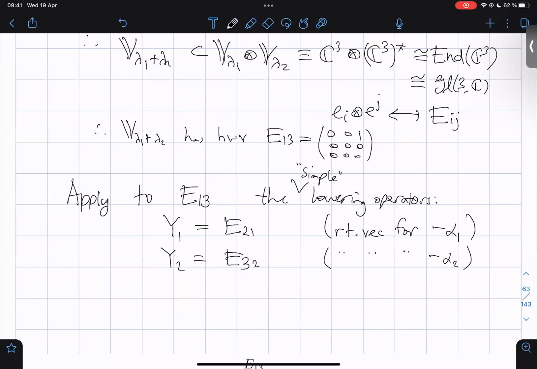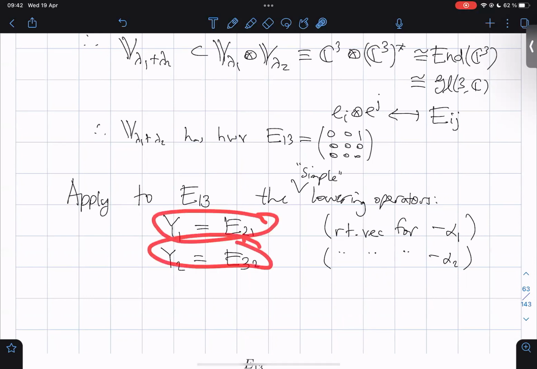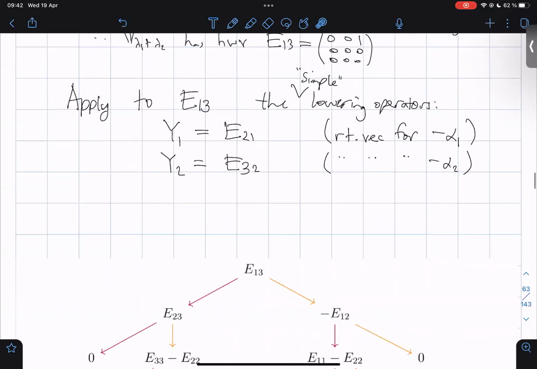You could give me a Y3 corresponding to E31, a root vector for minus alpha 1 minus alpha 2, but you don't actually need to. Because when I take the bracket of these two, it generates that Y3. So it's sufficient to just apply these simple lowering operators to that highest one.